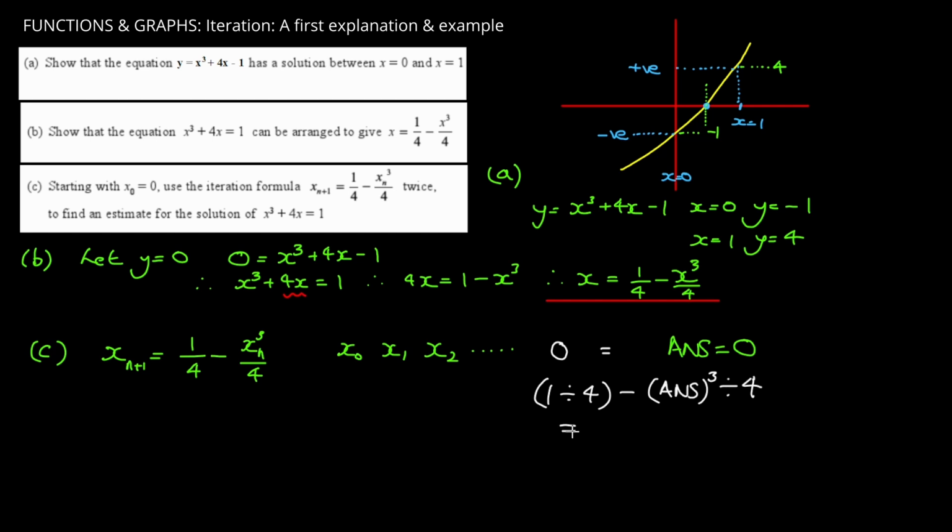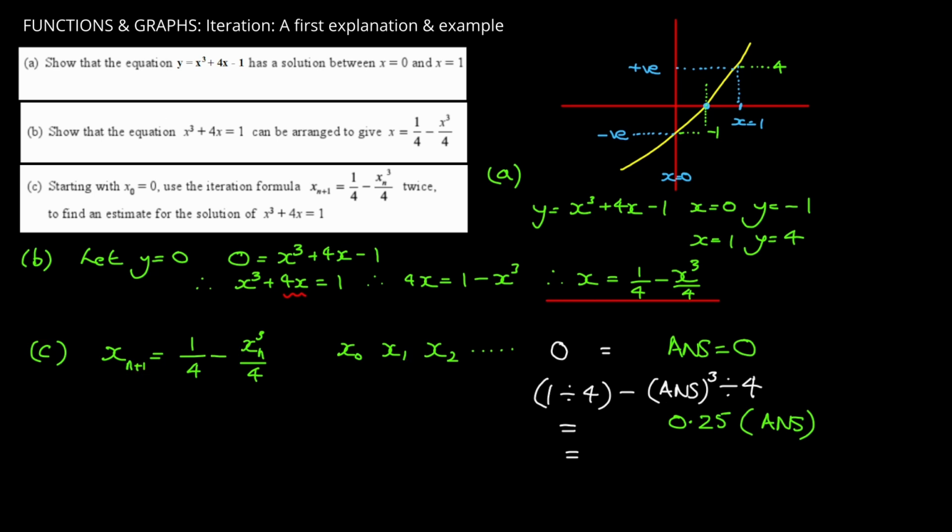So when I now push equals, the answer I get on the calculator is 0.25, which we sort of predicted, because if this is 0, the new value of x will be a quarter. And of course, this is your new value of Ans. If I now push equals again, I will get the next version of x. This will be x2.